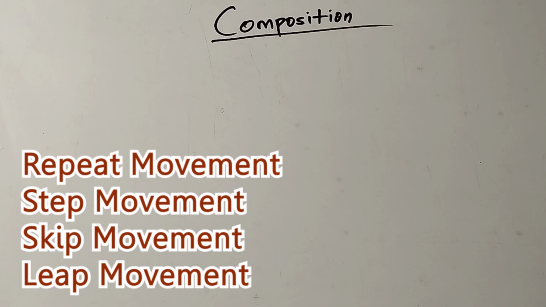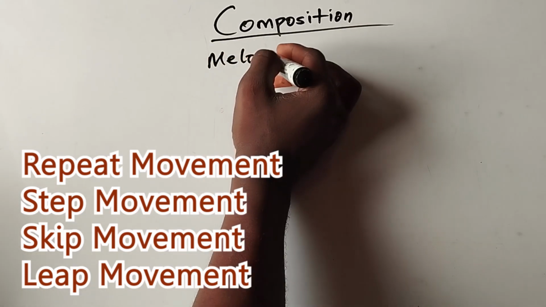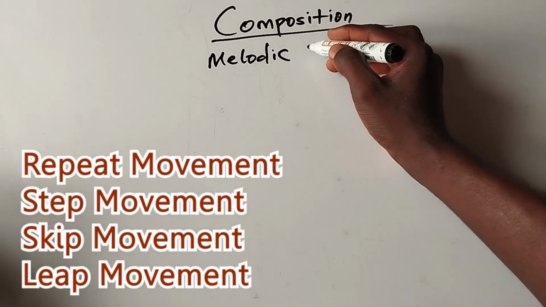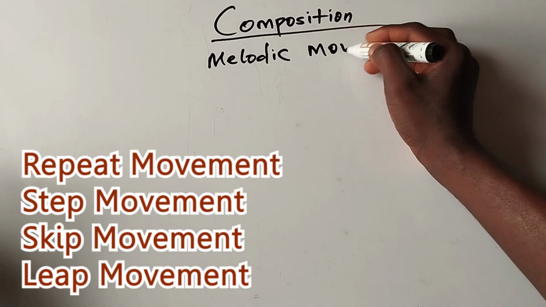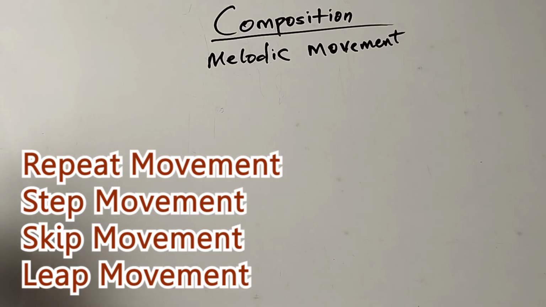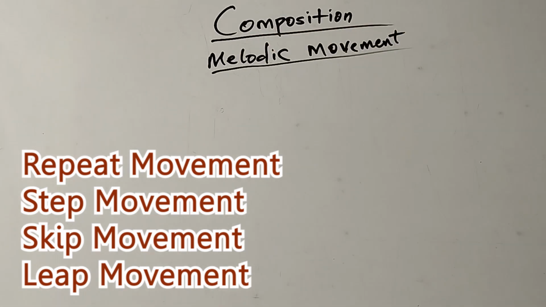That is what we call melodic movement. You use what we call melodic movement. So melodic movement, if you understand this very well, it can help you to compose also. This melodic movement, one of it is repeat pattern.